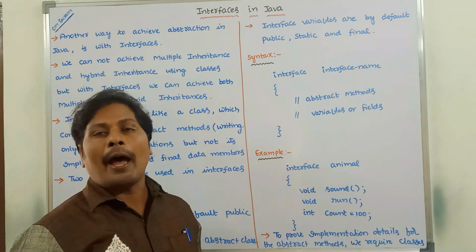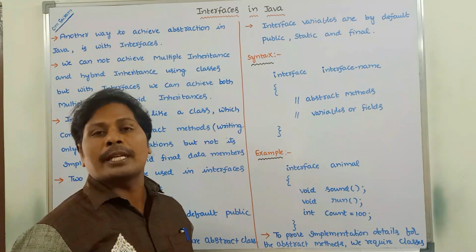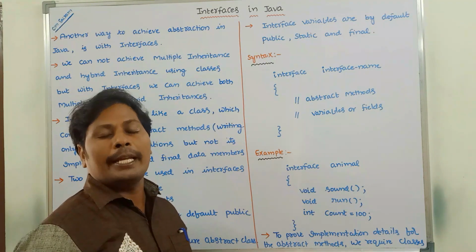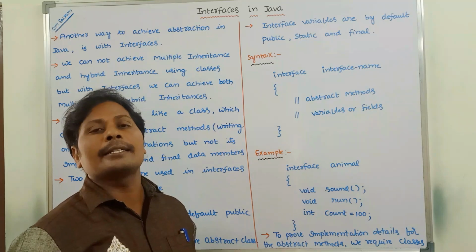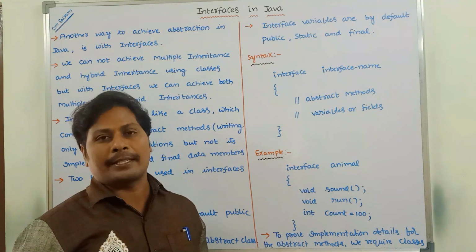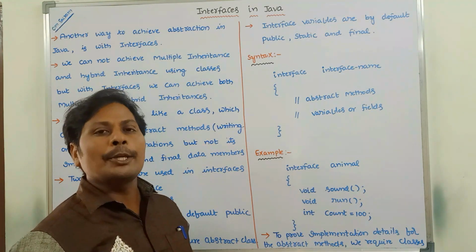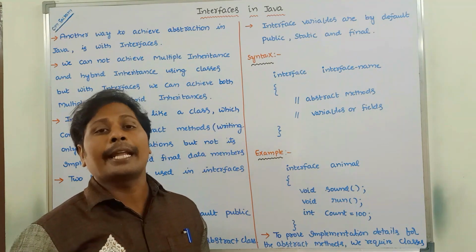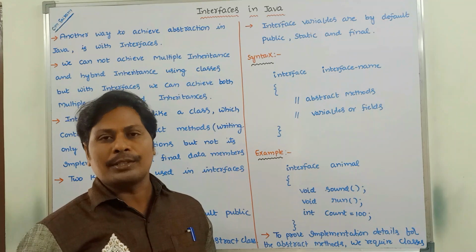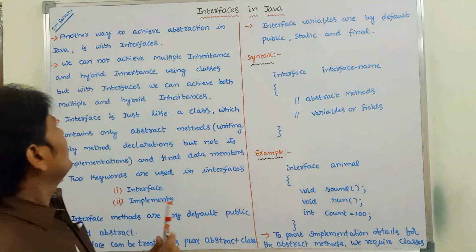To achieve data abstraction, we use two concepts in Java. The first one is abstract class and the second one is interfaces. By using interfaces, we can achieve data abstraction in Java.